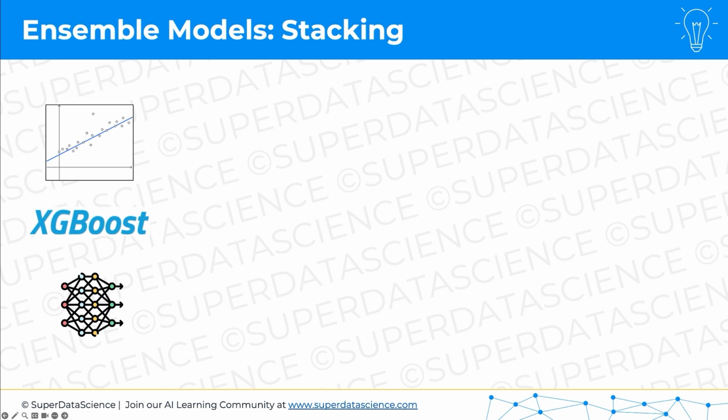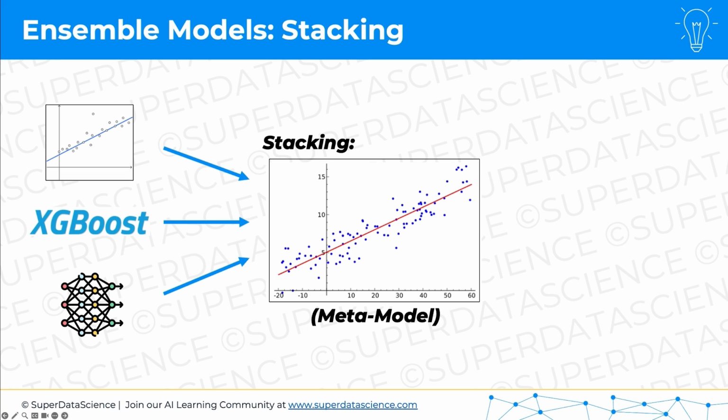So here are our 3 models. As a recap, we combine their results to create a meta model. This process is called stacking, and the meta model will give us a prediction. So whenever you have a new observation that you need to make a prediction for, you would feed the features of that observation into the first model and get a prediction, into the second model and get a prediction, and into the third model and get a prediction.